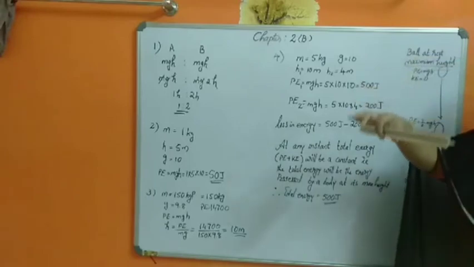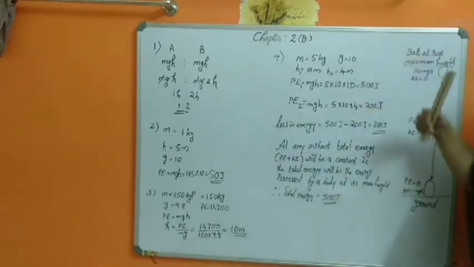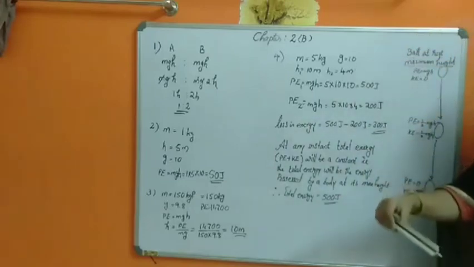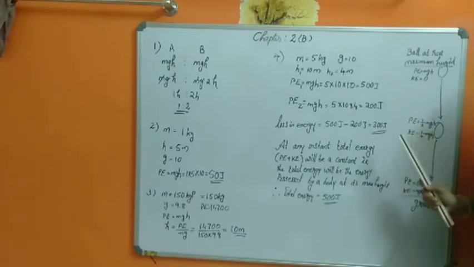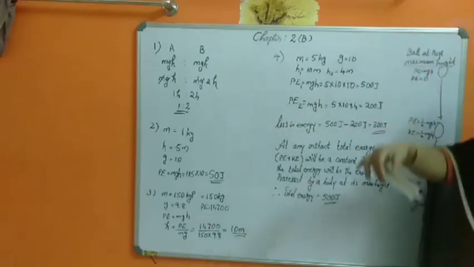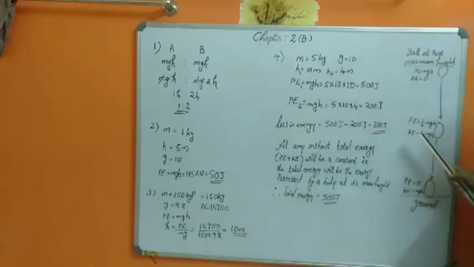Now when I drop it, halfway, because the height decreases, potential energy will reduce. So potential energy is half mgh. And on the way it is moving, it has kinetic energy, so kinetic energy is half mgh.